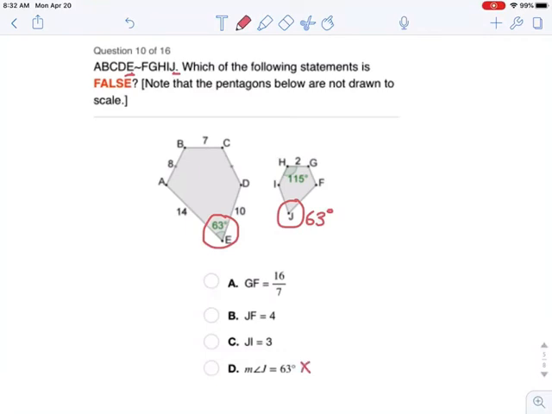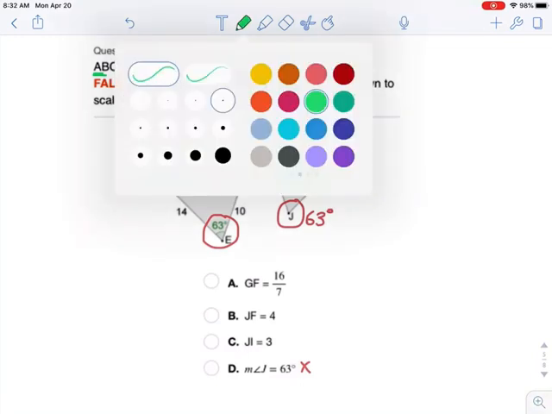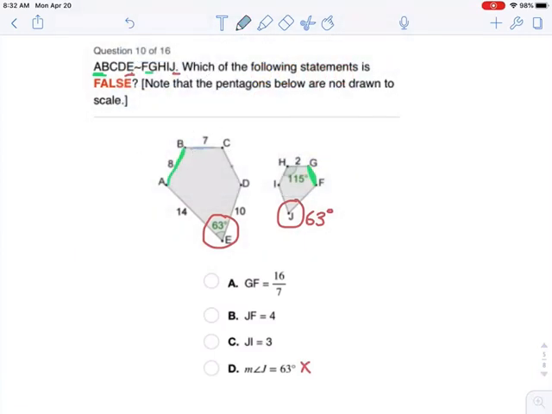Now, matching up some corresponding parts. GF is telling me to find the length of GF. Well, notice GF corresponds to AB. Also, BC and HG are corresponding as well.